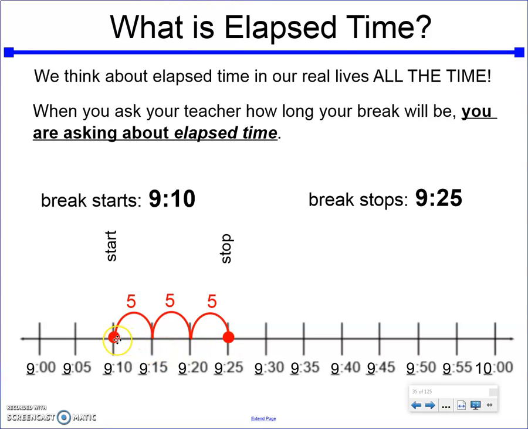We can see that between our start time, 9:10, and our stop time, 9:25, there are 1, 2, 3 5-minute jumps, or 3 groups of 5 minutes each. If I want to determine the elapsed time, or the total amount of time between 9:10 and 9:25, I need to add all of those jumps together.